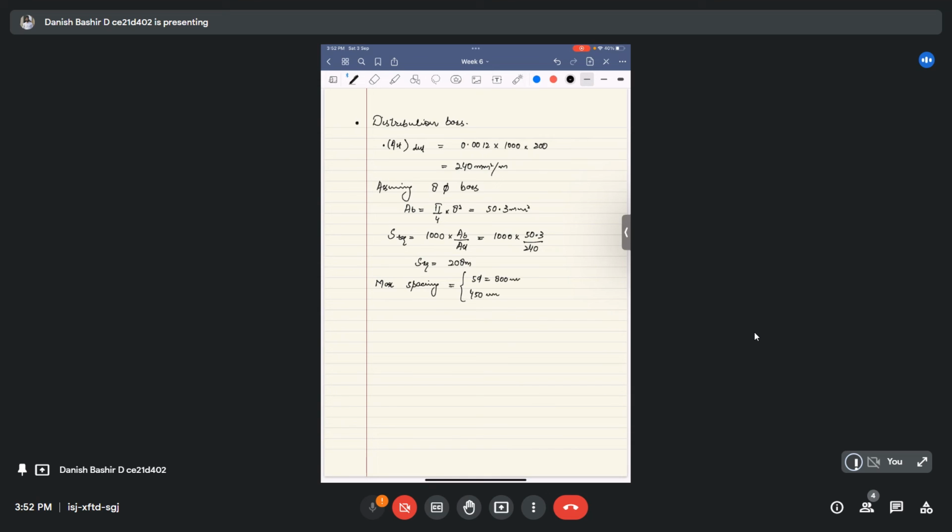So you can clearly see the spacing we calculated from the distribution requirement is much less than the maximum spacing limit. So we can go with our values. Converting it to a multiple of 25, we can reduce it to 200 mm to be on the safer side.